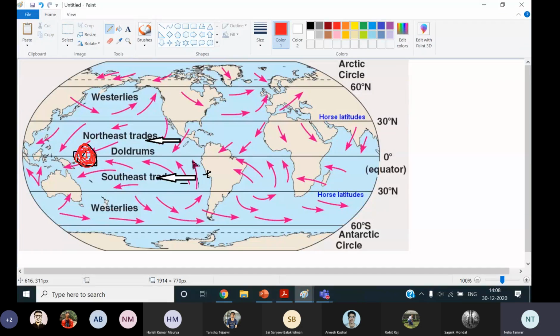The water is upwelled in the eastern equatorial side. Let's use the blue color for this. So this is the eastern equatorial side of the Pacific Ocean. We get the upwelling in this area, and the surface water is pushed away, and that water actually piles up here. So let's see what's the effect of this piling up of the water.